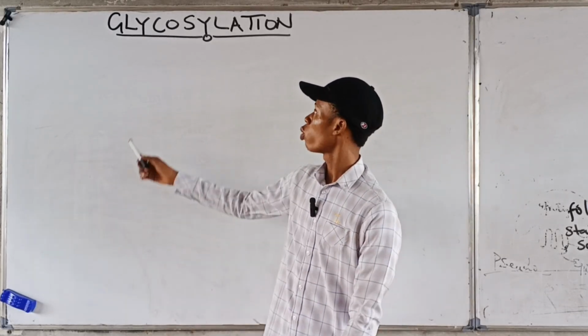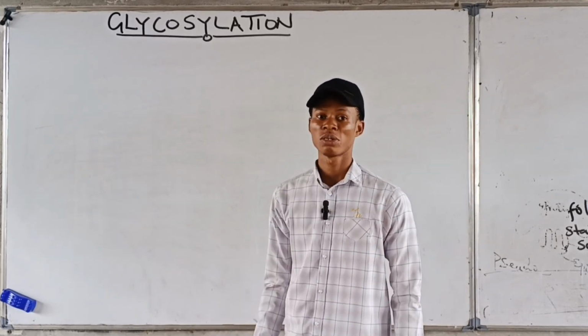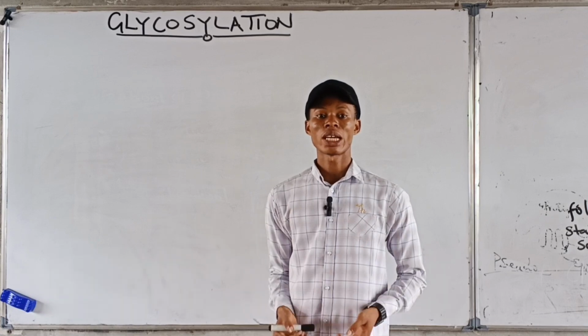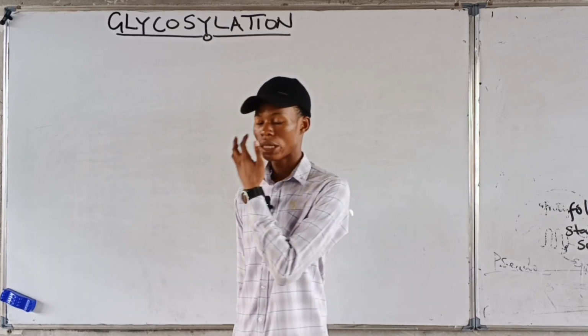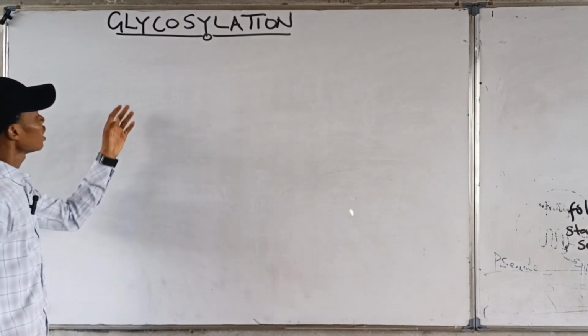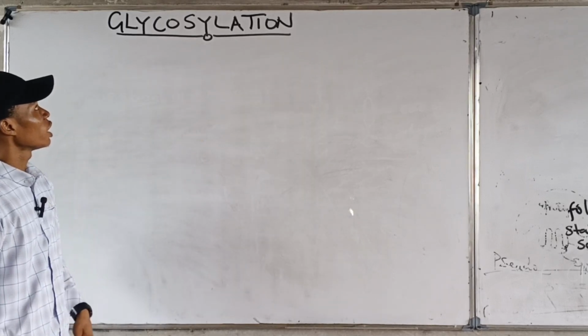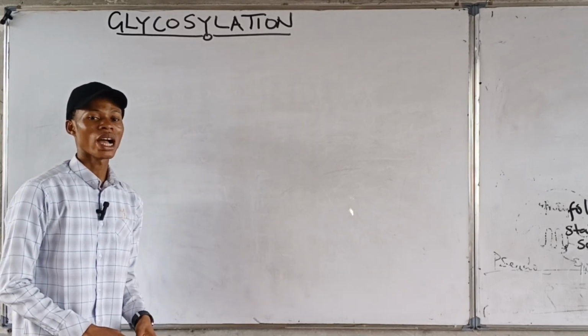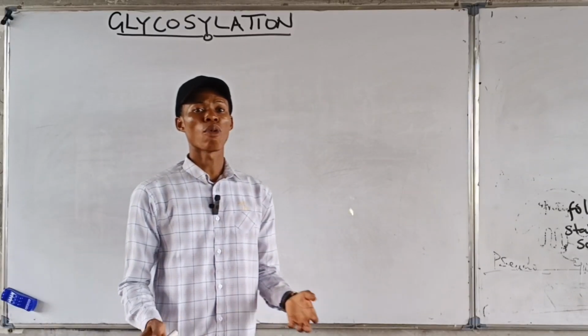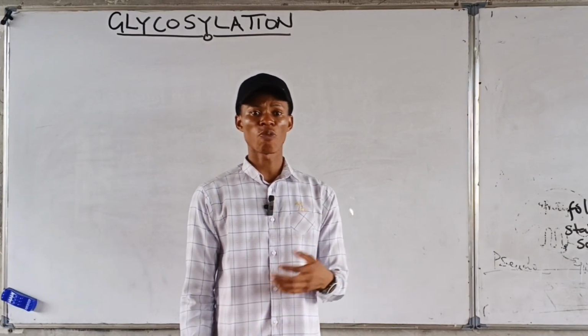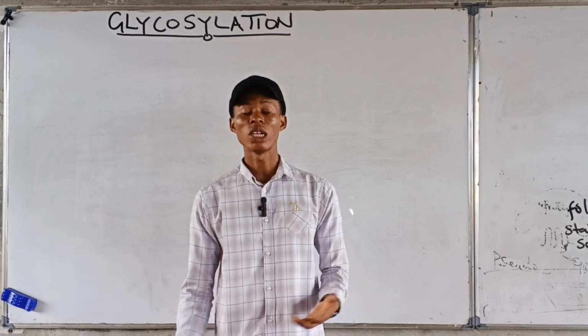Today we are going to be talking about glycosylation and the different types of glycosylation. So first, in glycosylation, however you pronounce it, we are actually producing carbohydrate conjugates by modification of proteins or lipids.